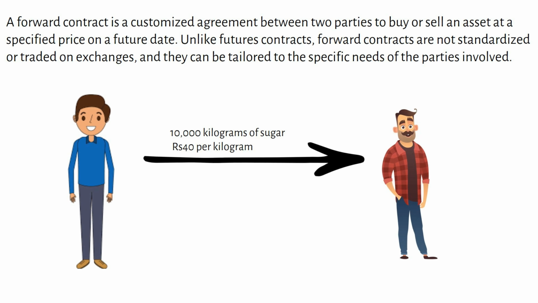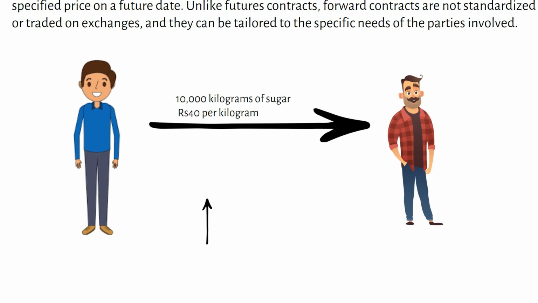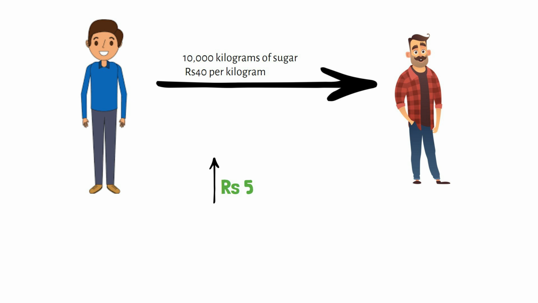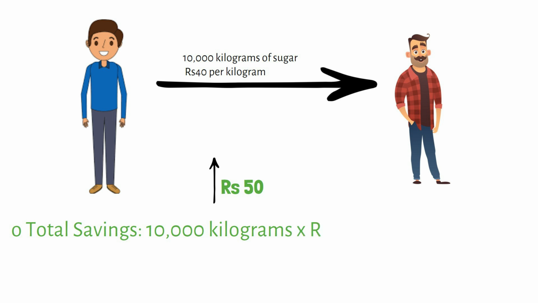Scenario 1. Price increase. If the market price of sugar rises to 50 rupees per kilogram after 3 months, the shopkeeper still buys at 40 rupees per kilogram, potentially saving 10 rupees per kilogram. Total savings: 10,000 kilograms into 10 rupees per kilogram equal to 1 lakh rupees.